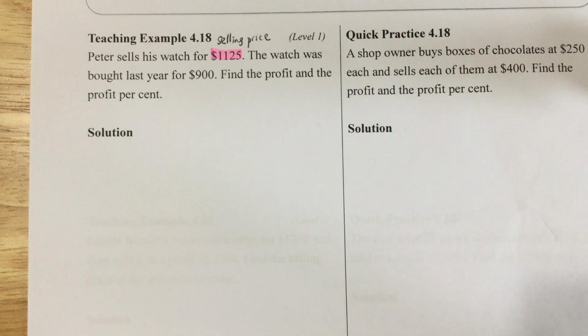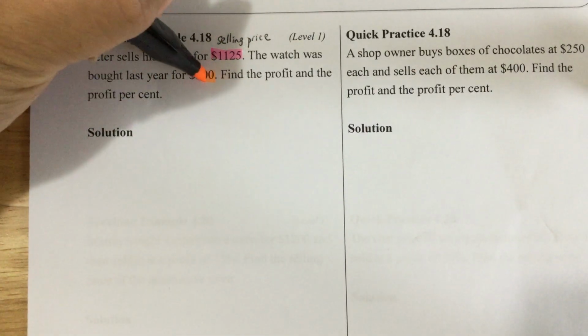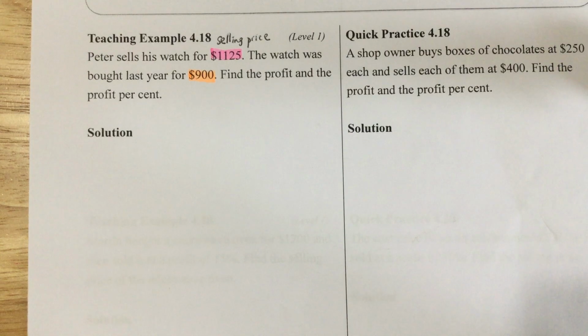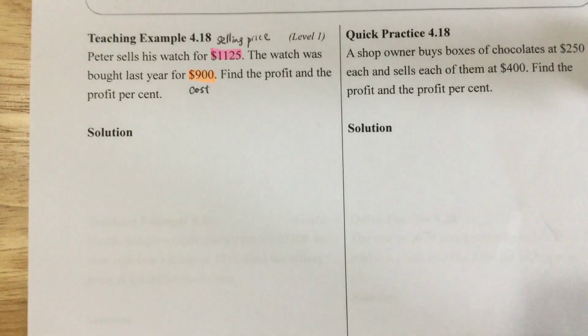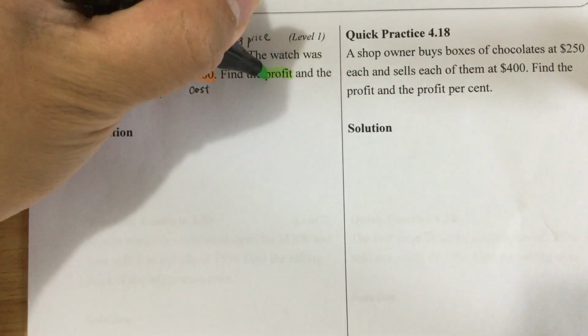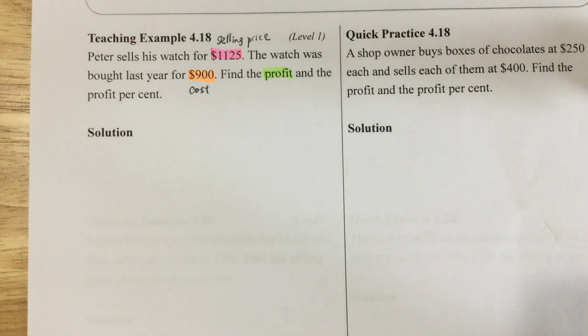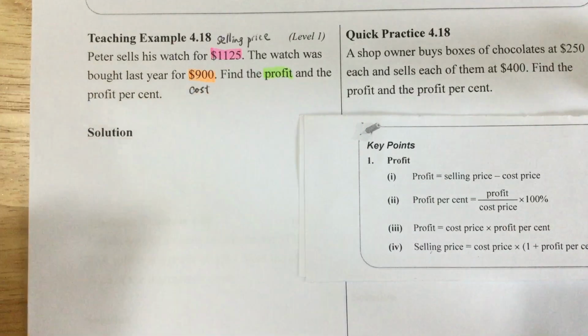And the watch was bought last year for $900. So you can see this one is the cost. And now we are going to find the profit and the profit percent. Okay, now let's look at the formula. Because this one is the profit, why don't we look at the formula for the profit?